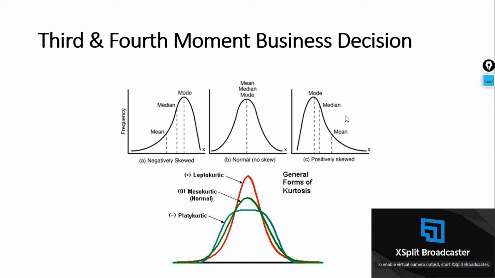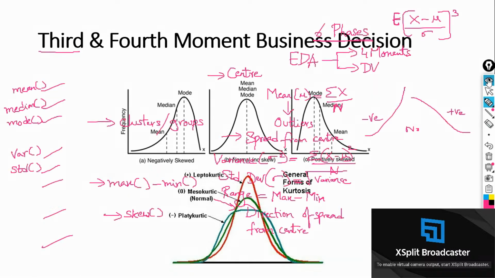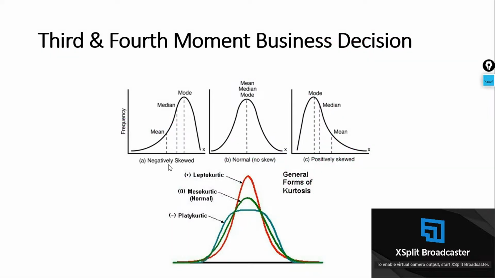So, as part of the third moment business decision, what did we discuss? We discussed that it talks about the direction of spread from the center. What is the center? Center is nothing but median, friends. You take any data, the middlemost value will be the median.